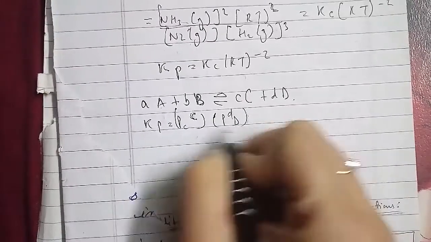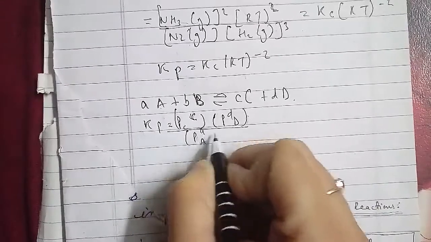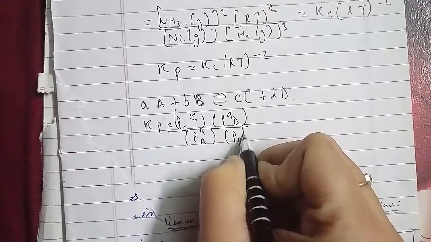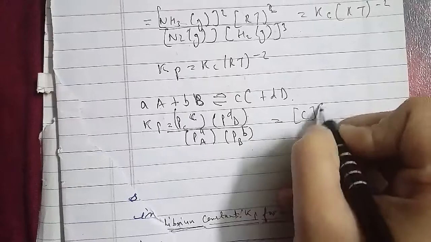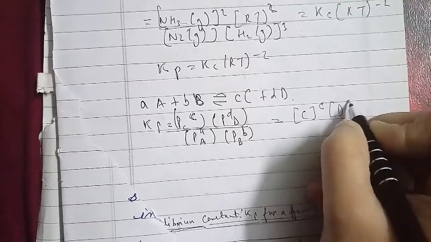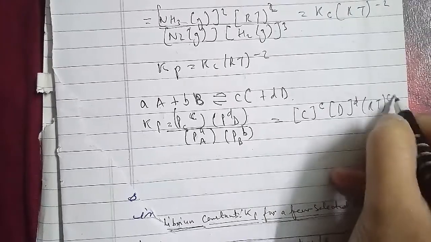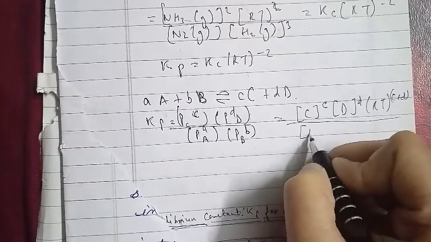For this, that is equal to C small c, D small d, and then RT, that is C plus D, upon capital A small a, capital B small b, and that we have RT A plus B here.